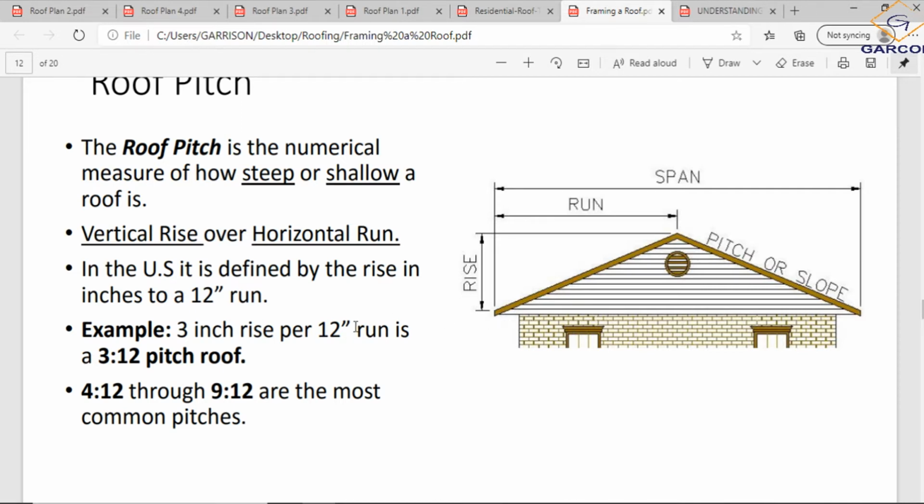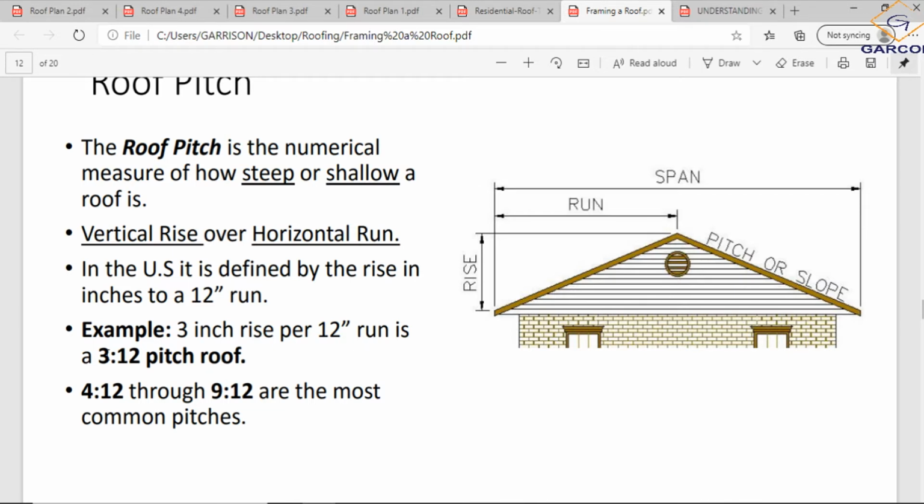So let's say the pitch is 3 to 12. Every 1 foot you go, you go up 3 inches. This is basically how you find out the length of the rafter. Say the roof from here to the center is 5 foot. How high will it be?